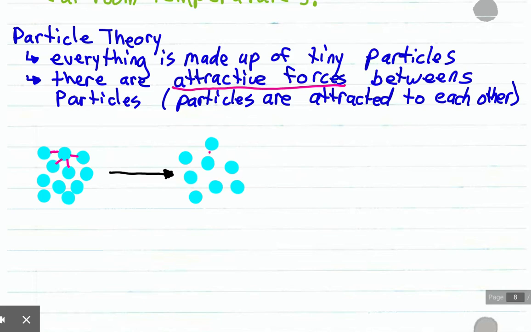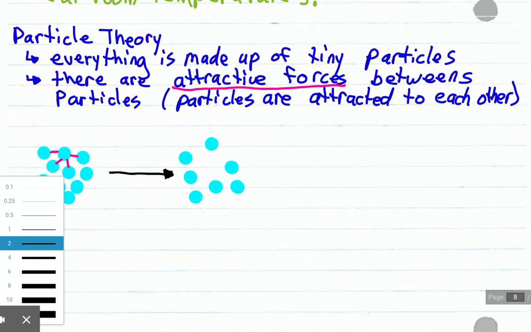Okay. So the attractive forces still exist, but you're going to notice that these particles are further apart from one another. And actually, I'm going to fix this because we don't really like to draw our attractive forces as solid lines.